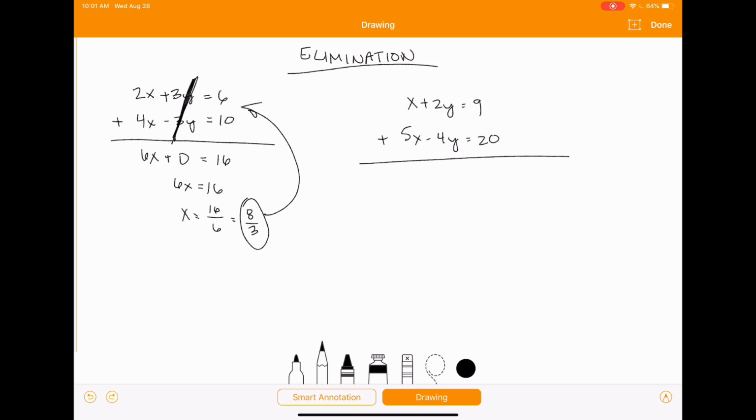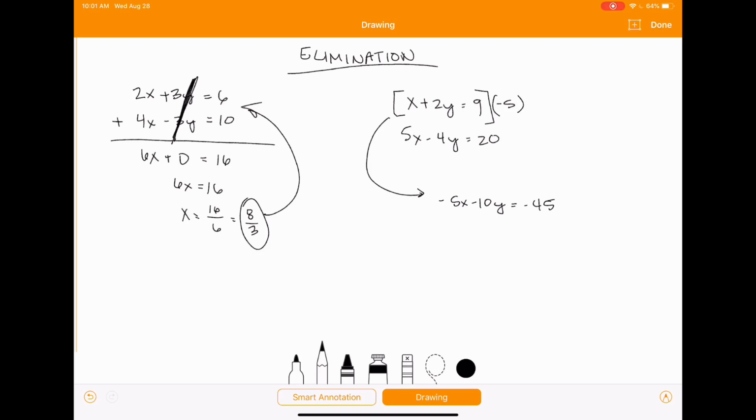So in this case, I can see that if I were to times this value right here by a -5, it would eliminate our x variables. So I'm going to go ahead and just multiply this whole top equation by a -5. And we're going to be left with, if we bring that down here, -5x minus 10y equals -45.